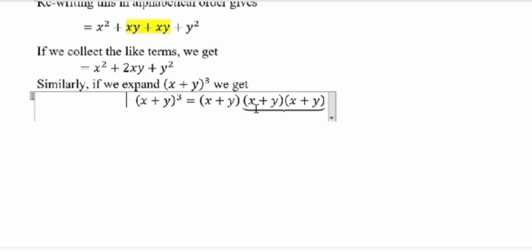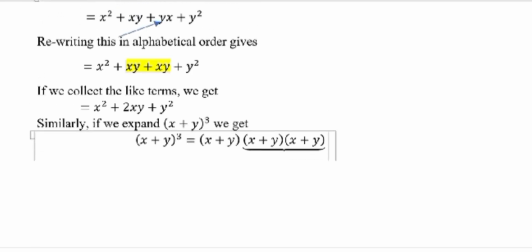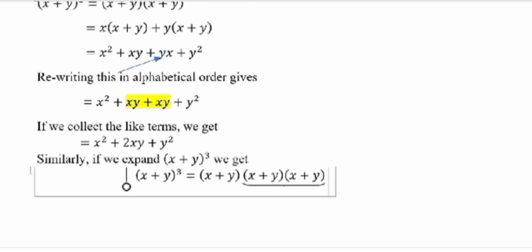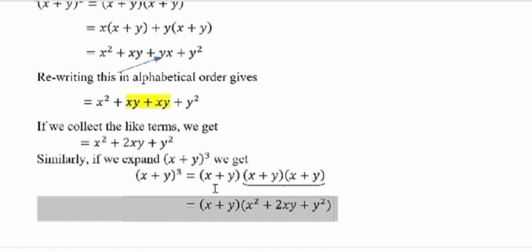But we have already expanded x plus y squared, so you can simply take the whole of the second and the third bracket and represent it with this answer. So we read x plus y into x squared plus 2xy plus y squared, which we already have here as the expanded form of x plus y squared.